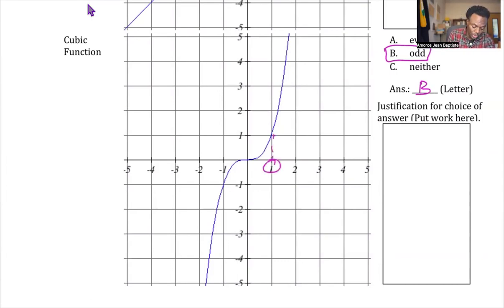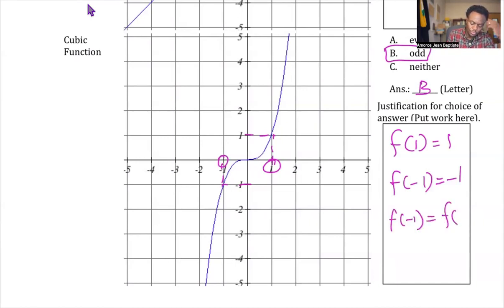And when you take 1, for example, f of 1 equals 1, and f of negative 1 is negative 1. So f of negative 1 is the same as negative f of 1. We have f of negative x is the negative of f of x. So that's odd.